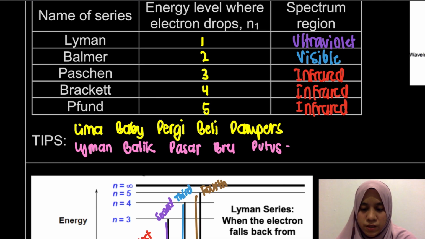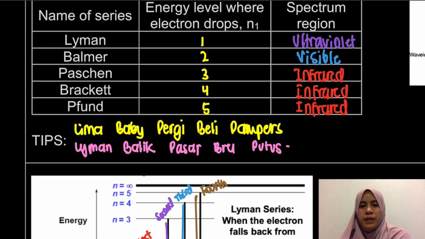For the spectrum regions, Lyman is ultraviolet, Balmer is visible, and Paschen, Brackett and Pfund are infrared. Sometimes the question does not mention specifically that it is a visible region. Sometimes it says this region produces green, blue, red light, so it is actually your Balmer series, the visible one that we can see, like red, blue and pink color, any color.